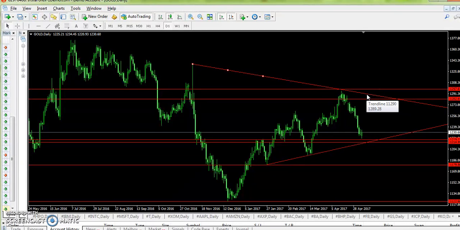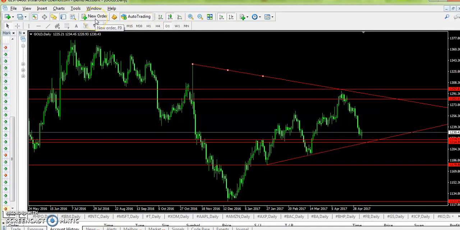So this is my trade, keeping in view the daily chart. Sell gold below 1214, target is 1179 and 1122, stop loss is 1297. Or if the market is going up and up and up, then don't buy it, because it is not a bullish market.